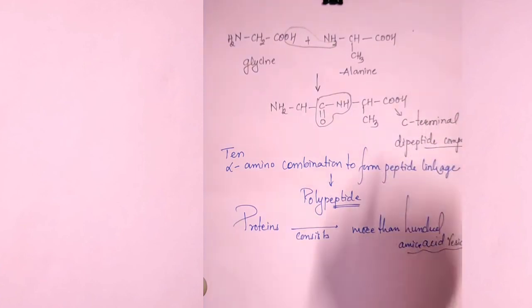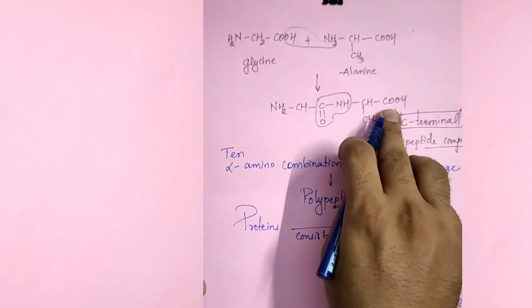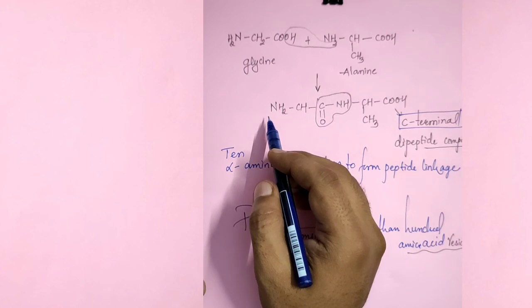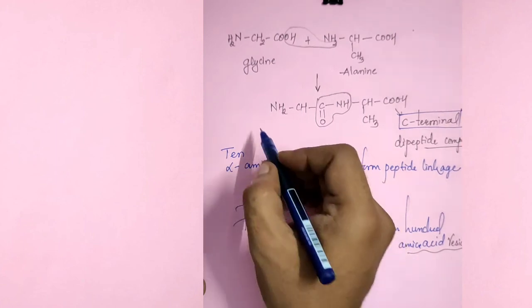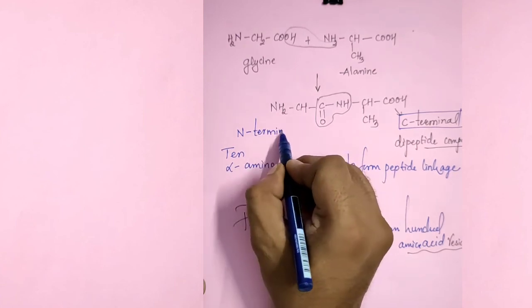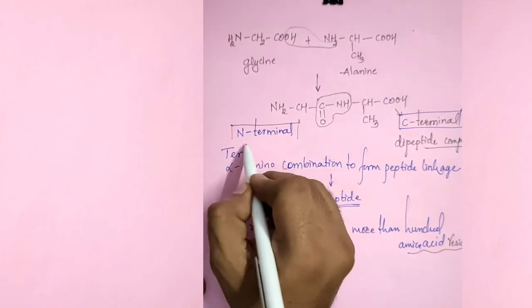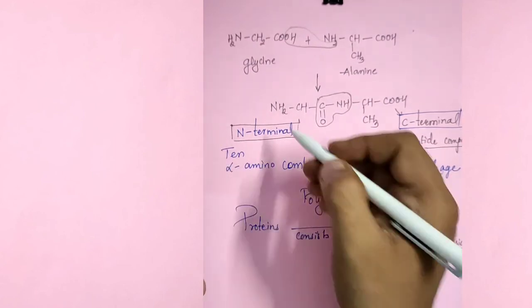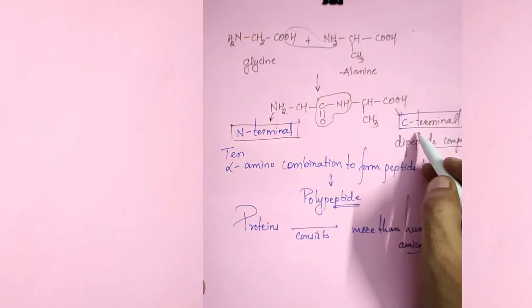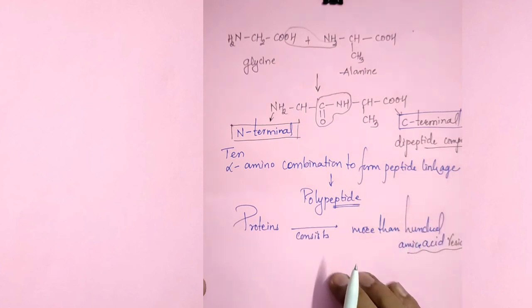One end of the protein is the C terminal because one end will always have a carboxyl group, and the other end will always have a free amino group, which is said to be the N terminal group. Terminal means end. This part is the N terminal group and this part is the C terminal group. It is always present in all protein molecules.